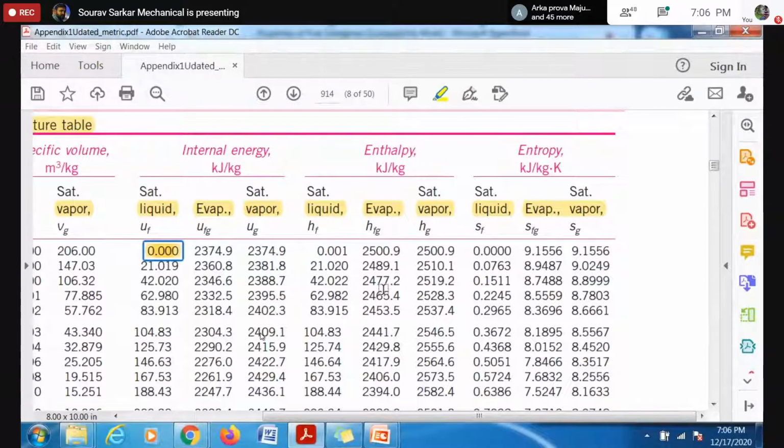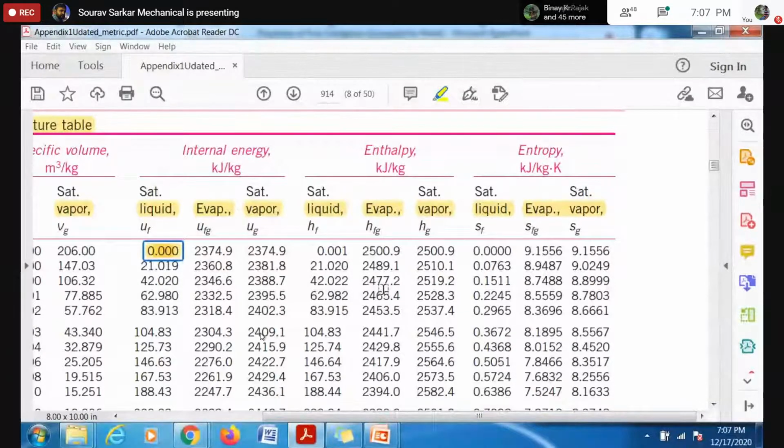Other way, you can understand it like this: suppose your water is at 100 degrees Celsius temperature. If you change the pressure, it will go to suppose 200 degrees Celsius. Now at 200 degrees Celsius, it is easier to convert into vapor than at 100 degrees Celsius. If your liquid is at 100 degrees Celsius and suppose 1 bar pressure, you have to supply a lot of energy to convert into 100 degrees Celsius vapor.